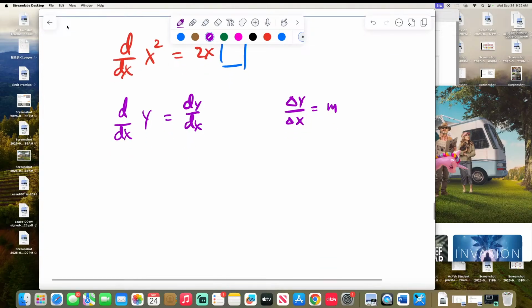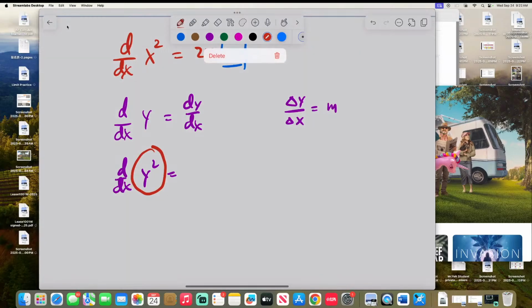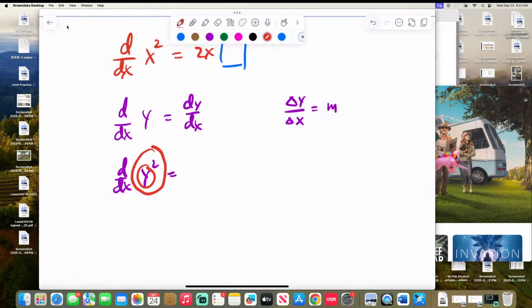Now, we're going to upgrade a little bit. What's d/dx of y squared? Well, there are two derivatives. There's the first layer, which is right here, and we're going to deal with the chain rule, and we're going to have the inside derivative, which is the y.